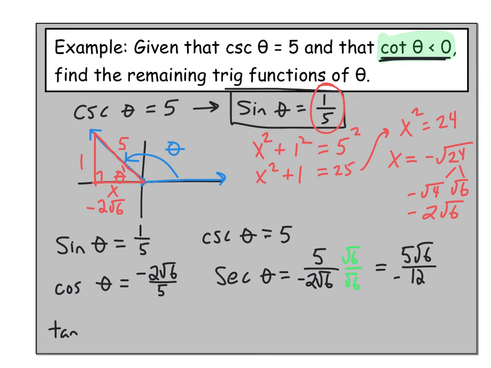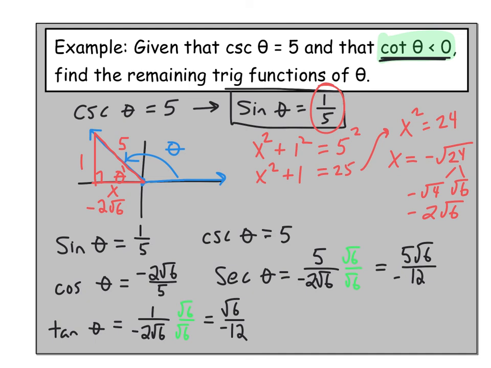And then the tangent of the angle, opposite over adjacent, 1 over negative 2 root 6, which we will rationalize again. Top and bottom times root 6. We'll simplify to become root 6 over, and then again, negative 2 times root 6 times root 6 is 6, so negative 2 times 6 is negative 12.